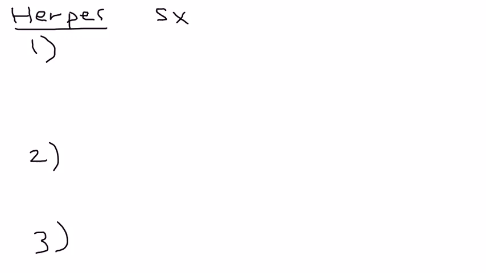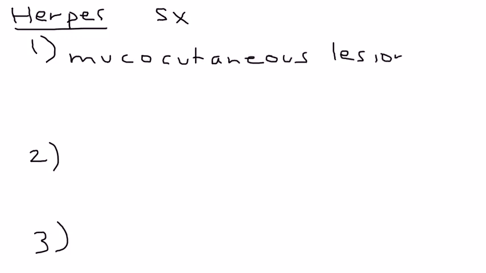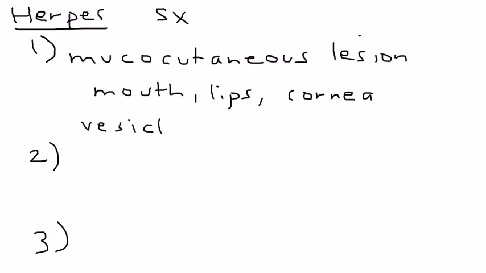So the first one is pretty much a mucocutaneous lesion, and these lesions commonly occur on the mouth or the lips or the conjunctiva or the cornea. And what can happen is you have these characteristic vesicles that are in clusters.